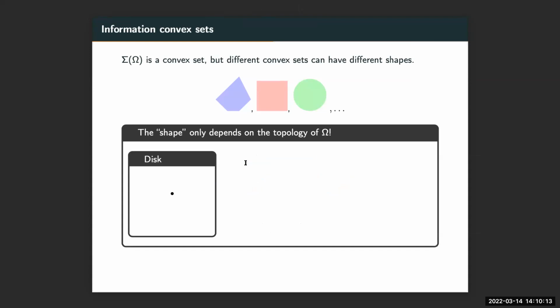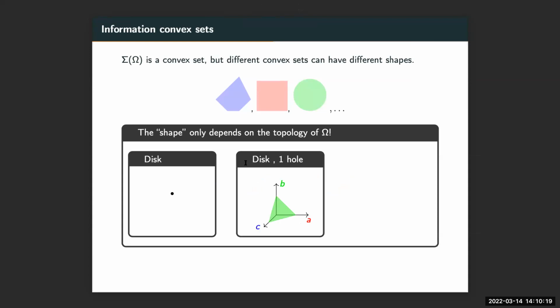And that means that for any subsystem, you can define this information convex set, and they will have very specific shapes. On the top, what I've drawn are convex sets. They're all clearly convex, but their shapes are very different. The convex sets that we're considering are very specific.